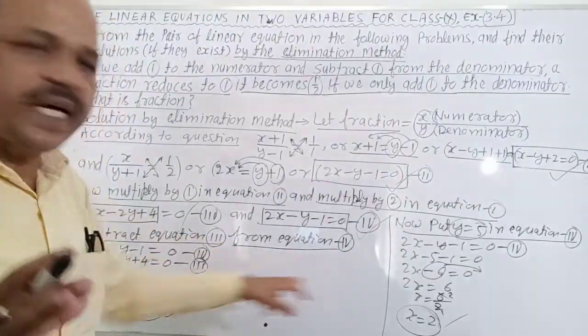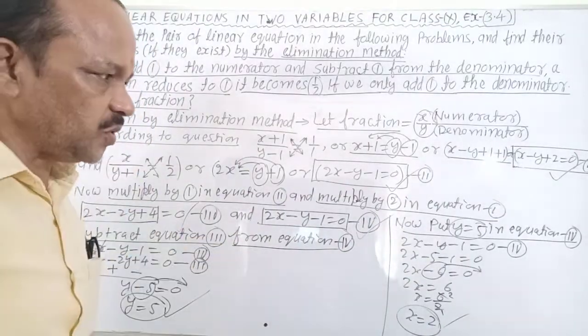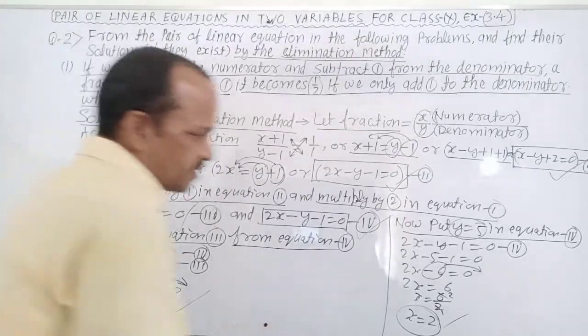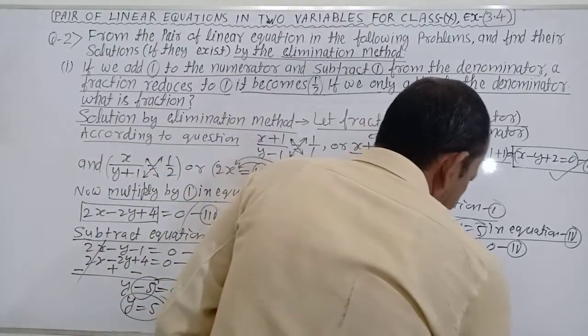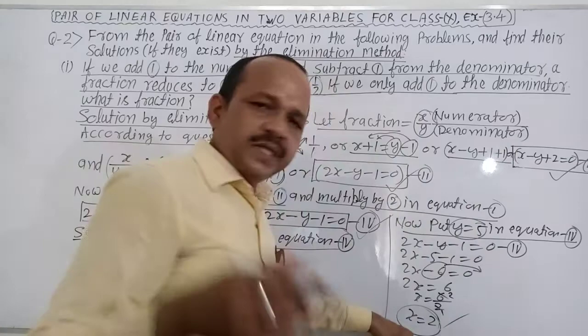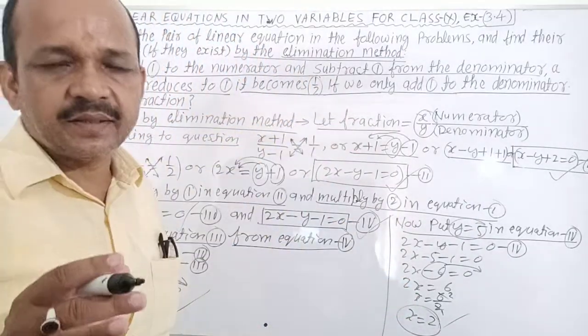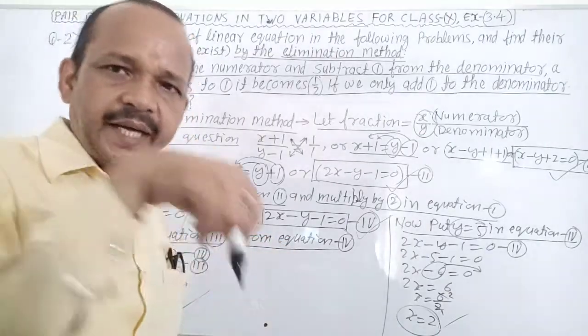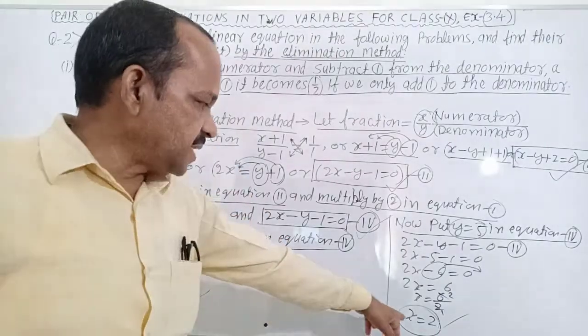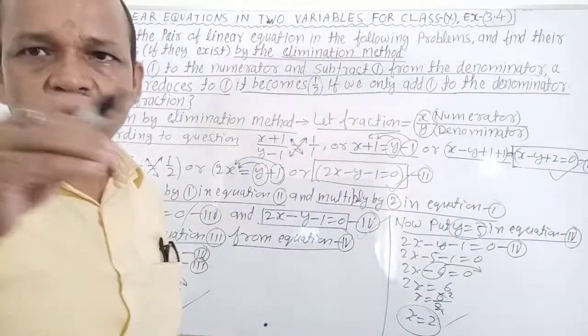Clear? No confusion about it? Very good. Hence we solve equation first and equation second by the elimination method, and we find x equal to 2, y equal to 5.